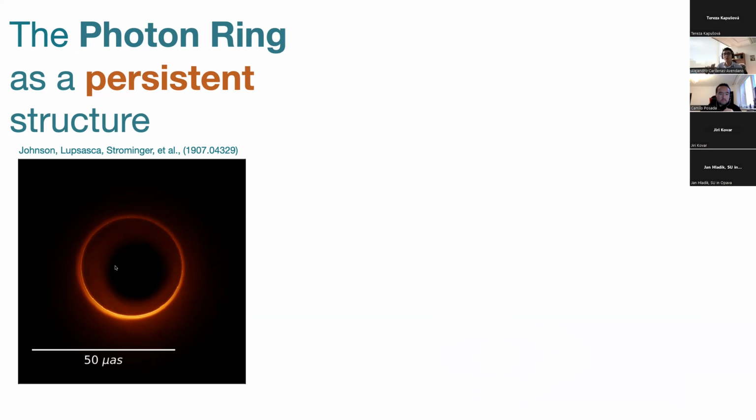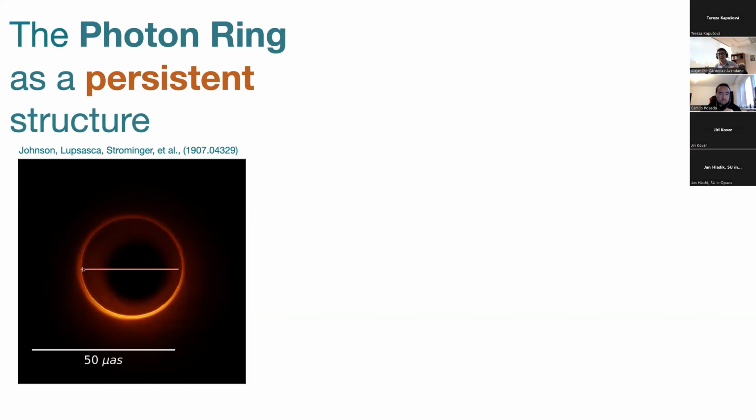So here, when you average these GRMHD simulation images, you see the direct emission, then you see this other ring, then you see another one, and in these GRMHD simulations, you can go up to n equals 6, 7, depending on the resolution of your image. But these persistent structures have very distinct signatures when we observe them with very long baseline interferometers.